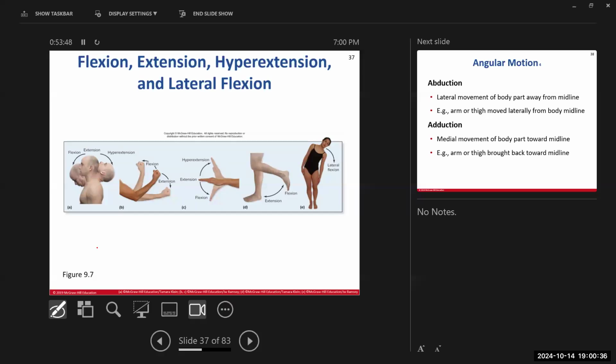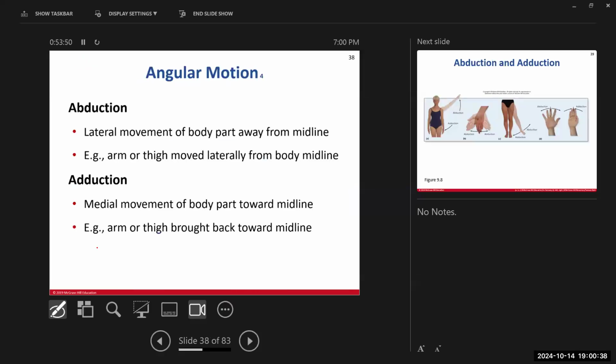Okay, so the next type of movements are abduction and adduction. Sometimes I'll say abduction and adduction, so you know what we're talking about. Are you guys good with synonyms? Words of similar meaning? What do they call it when somebody gets kidnapped? Abduction.